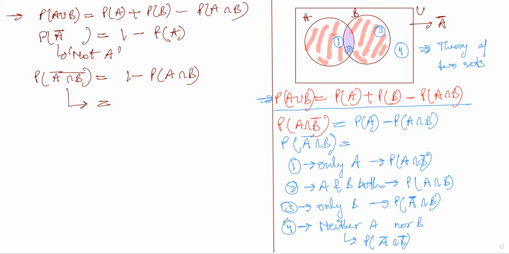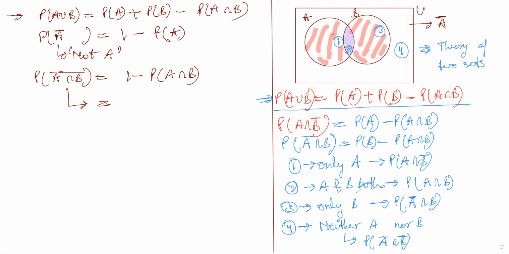We want only B, not the whole B. Whole B also contains A. We do not want A. We want only B. Probability of B minus probability of A intersection B. Correct. So probability of whole B minus the portion which is common with A.